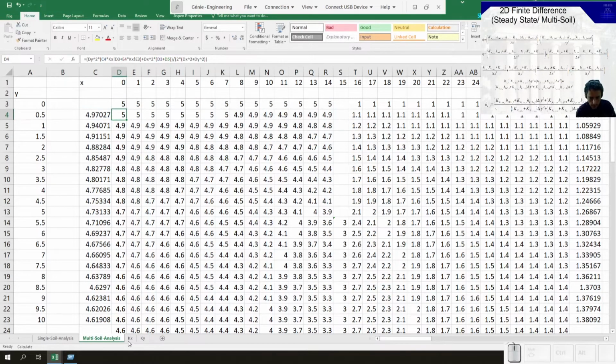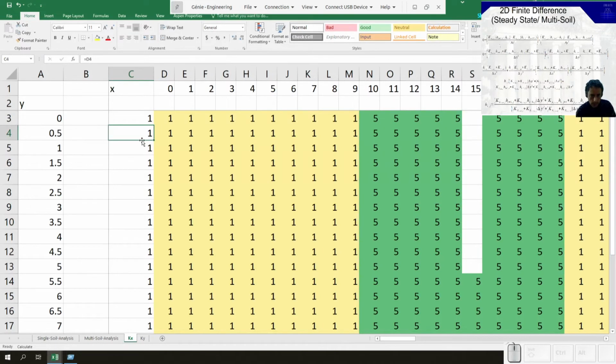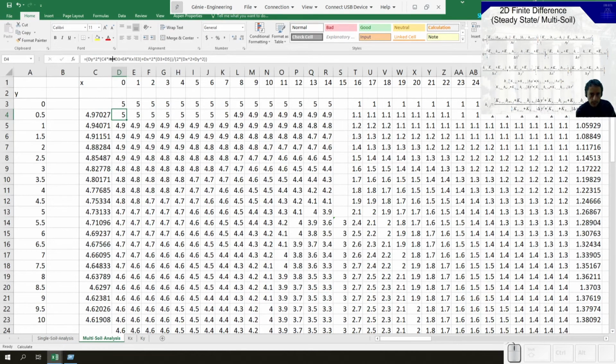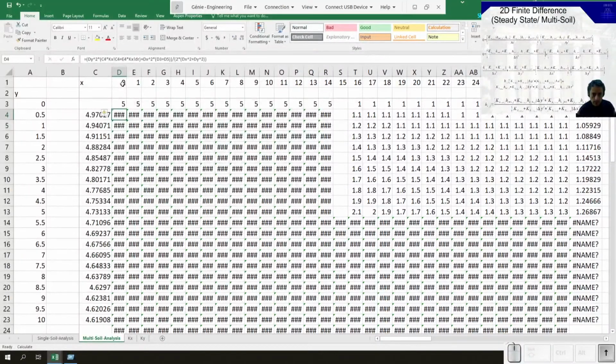Was it C and D? It's C and D. So C4 and D4. So in the case of the node, we go from C to E, but in the case of the hydraulic conductivity, we go from C to D. D4.